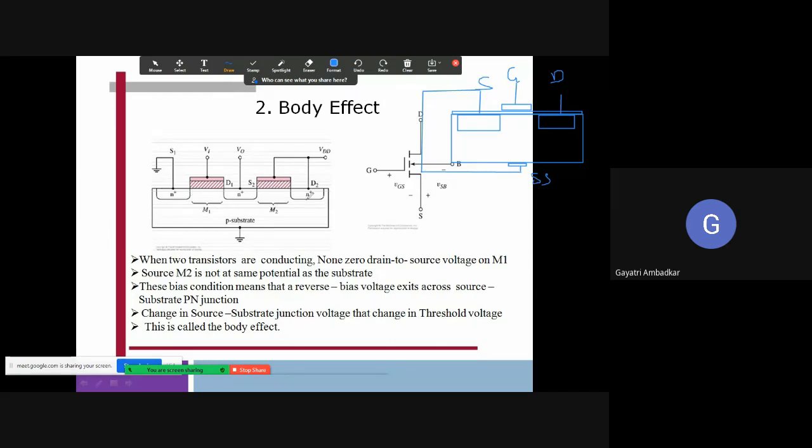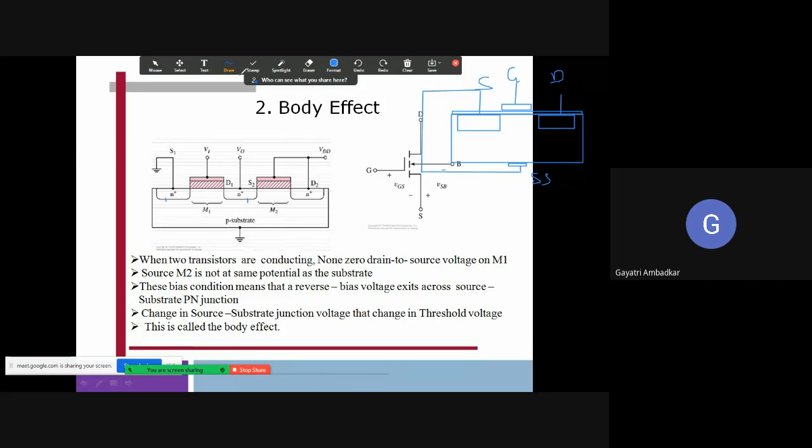In the next unit you will come to know about CMOS, complementary MOS, where you will find such a structure. So when multiple MOSFETs are connected together, see how these MOSFETs will be made. This is the N block and N block. The substrate is a P substrate, common for all.